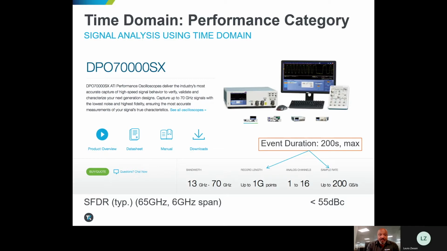As is mentioned here, the spurious free dynamic range is sufficient enough in order to measure strong signals, as well as there's more than enough bandwidth and memory to capture event durations that allow you to determine how your pulse waveform or your clock is performing over a particular amount of time.